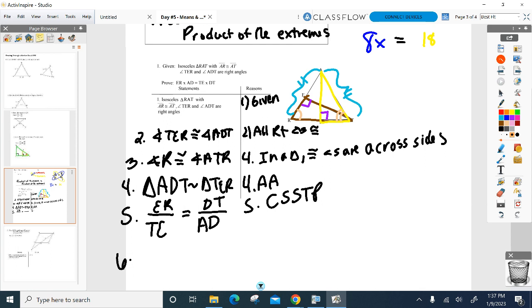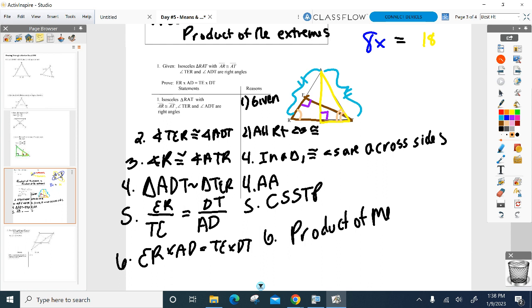But again, you can't just show the triangles similar to cross multiplying. You need means and extremes to cross multiply. ER times AD equal to TE times DT. Boom. Product of the means now equals product of the extremes.